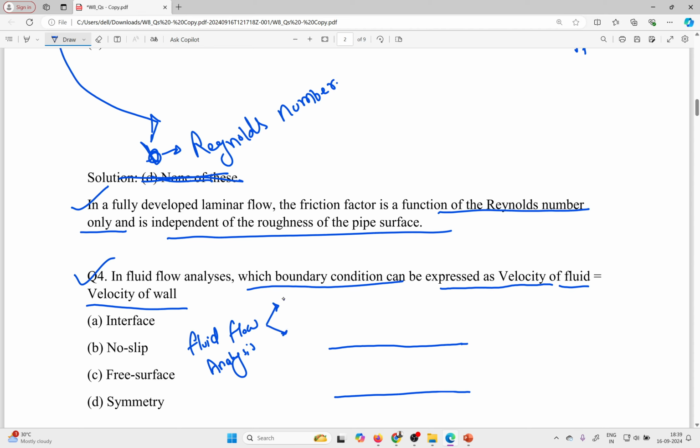One, you can analyze experimentally. Another, you can analyze mathematically, or you can write here, numerically.